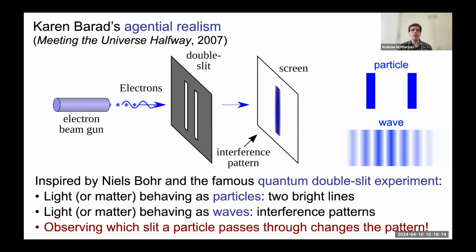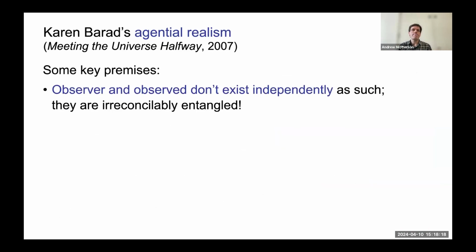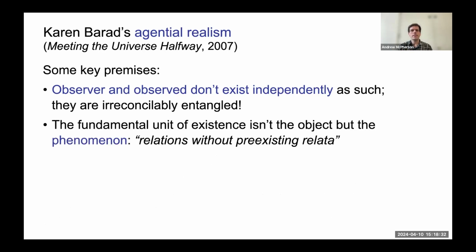So essentially, the premise here is that at a fundamental level, the things that we are observing and our apparatus of observation don't exist independently. They co-constitute one another. They are irreconcilably entangled. And therefore, what Barad is saying is that the fundamental unit of existence isn't objects per se, but what they call the phenomenon, that is, quote, relations without pre-existing relata.